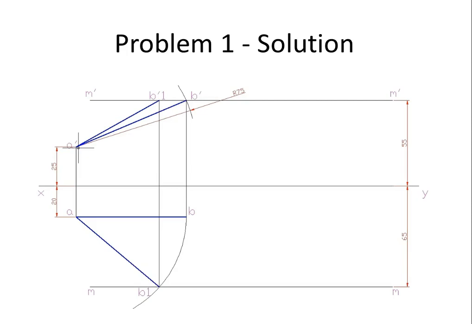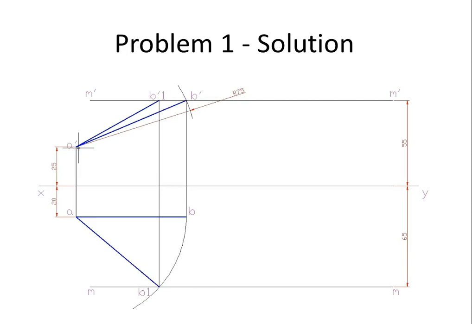Again, why are we cutting locus MM? Since we know that the endpoint of the line will fall on that locus, anywhere on that locus. So once you get that, AB1 is the actual true projection of the inclined line on HP.